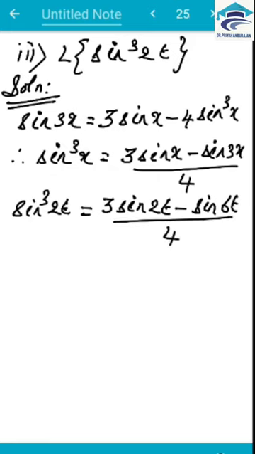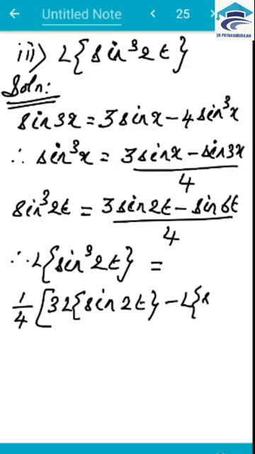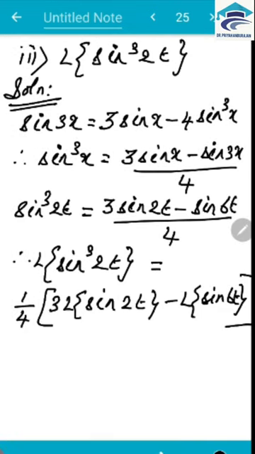So now let us apply the Laplace transforms. So therefore L of sine cube 2t is equal to, let me take this 1 by 4 outside, into 3 into L of sine 2t minus L of sine 6t. Now let us apply the Laplace transform formula.